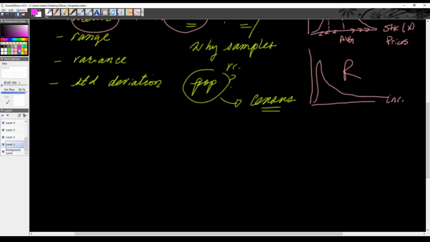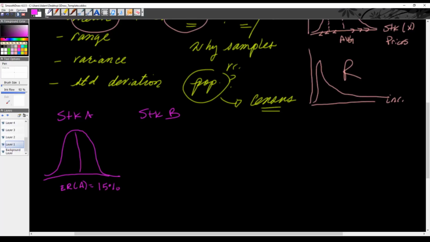Let's say we have two distributions. Let's say we've got stock A versus stock B, and this is the distribution of A. Of course, this is not drawn to scale. And let's say the expected return, or the average return for A, is equal to 15%. And let's say stock B has an expected return also equal to 15%.